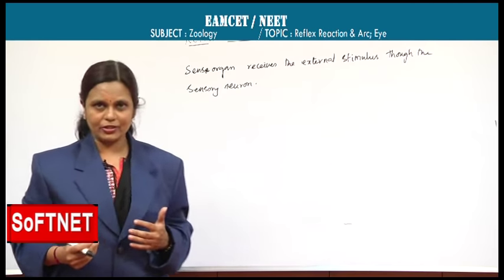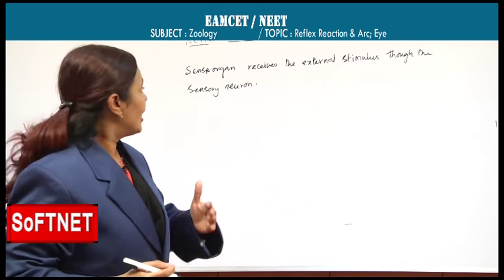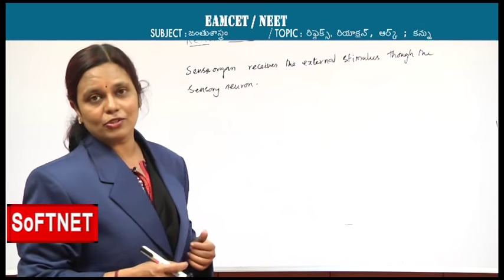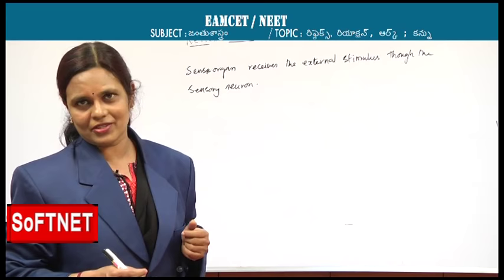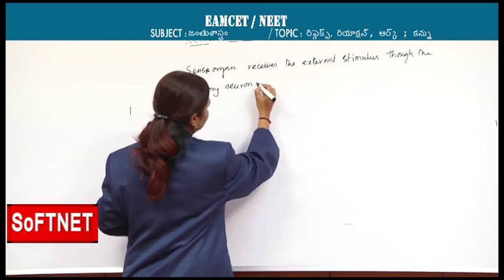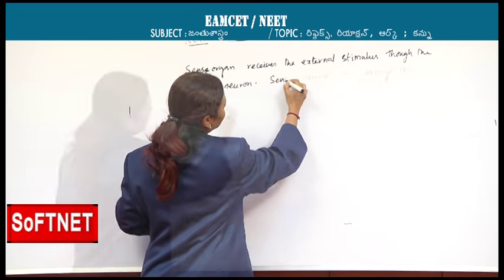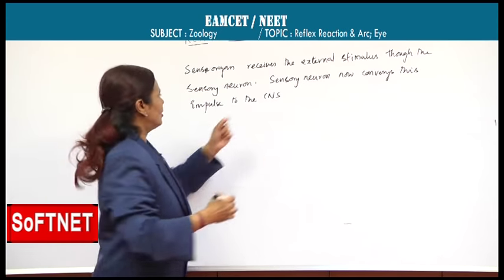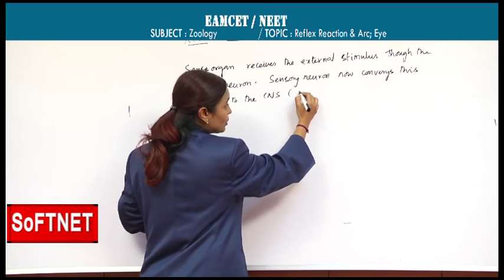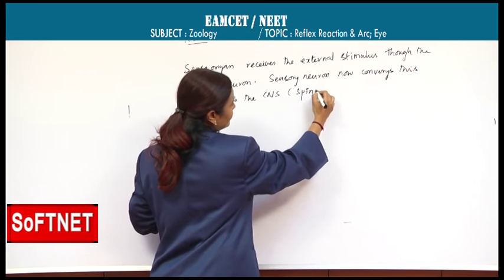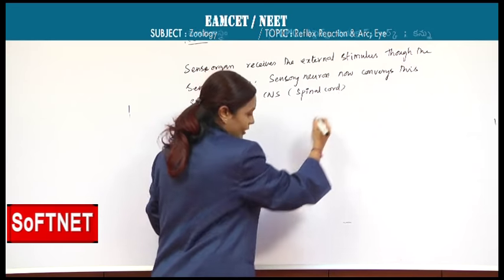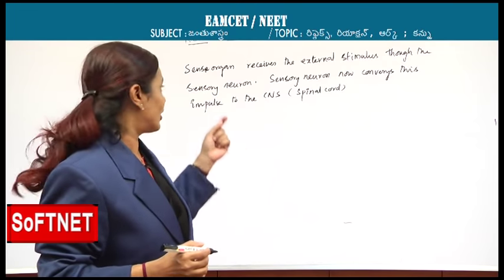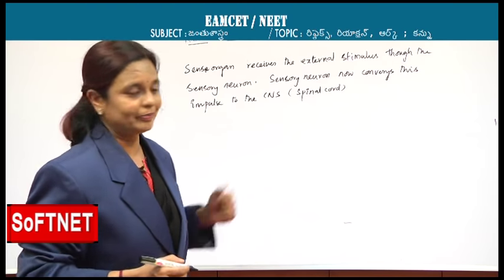Now this sensory neuron conveys this impulse received from the sense organs to the central nervous system, that is CNS, that is to the spinal cord, because we already discussed that simple reflex reactions are coordinated by spinal cord.